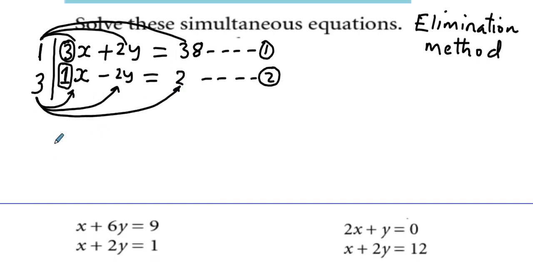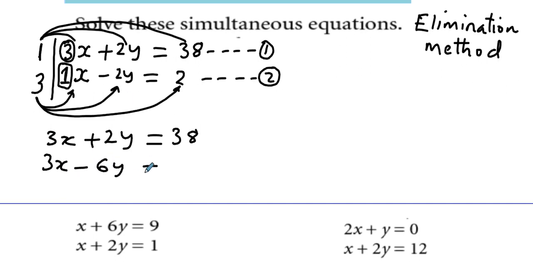Okay, now let us proceed. In this process, 1 times 3x is 3x, 1 times 2y is 2y, 1 times 38 is 38, 3 times 1x is 3x, 3 times negative 2y is negative 6y, and 3 times 2 is 6.